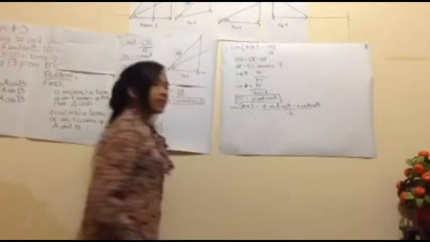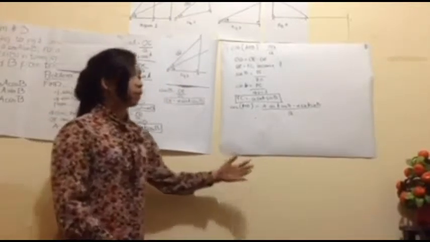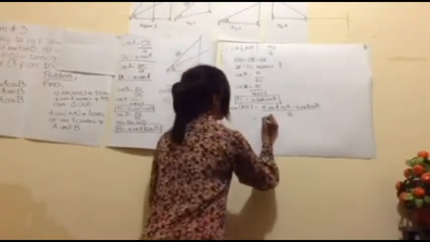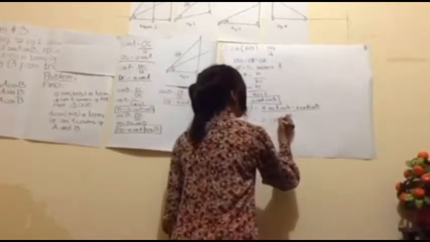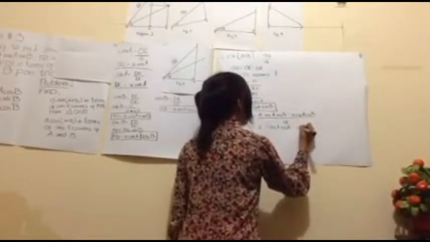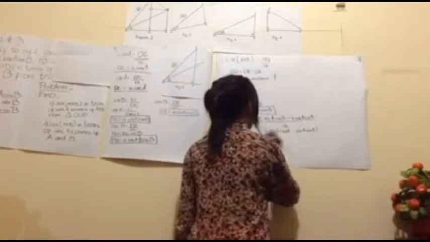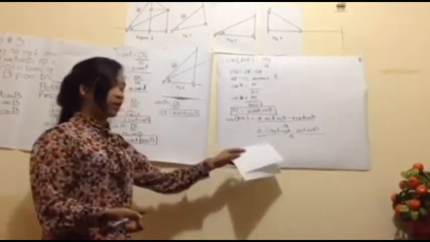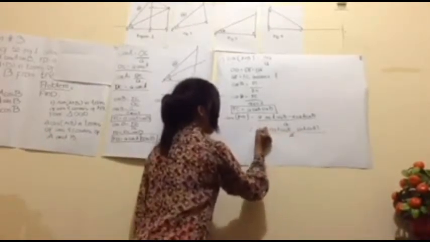Now, the same as with problem number 1, we will just extract A from the numerator so that we can cancel out A. So, A times cosine A, cosine B, minus sine A, sine B, over A. Now, since we already arrived at that answer, we just cancel out A here and A here.